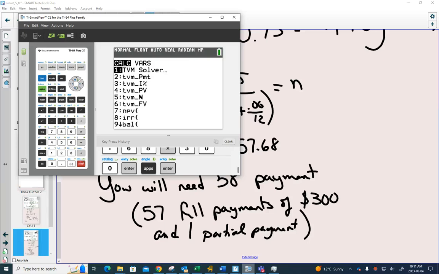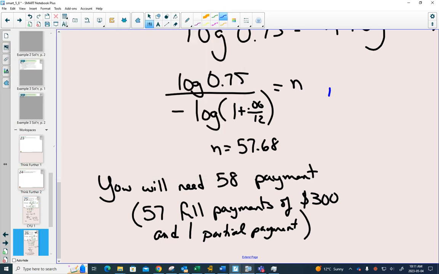With each of these, you need to know how they work. The online ones are probably more intuitive than the graphing calculator. But what we're going to do is we're going to figure out this exact same question using the calculator. And if you have a calculator, here, I'll just scroll down here.